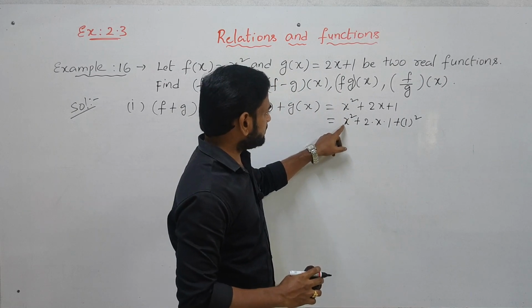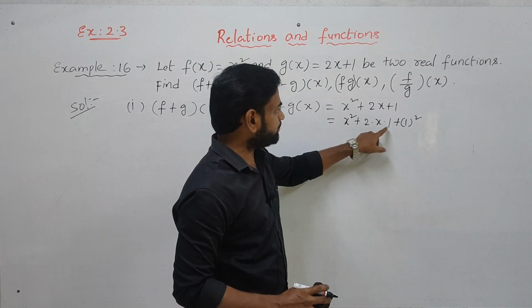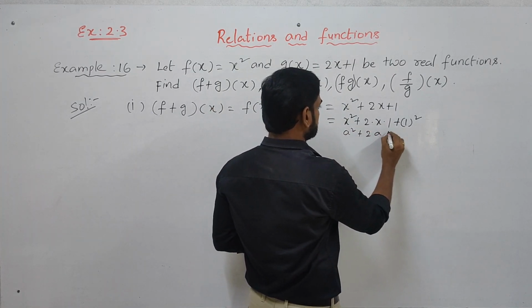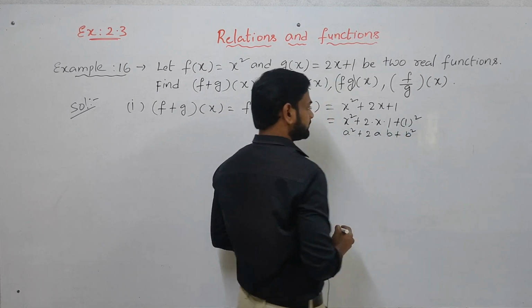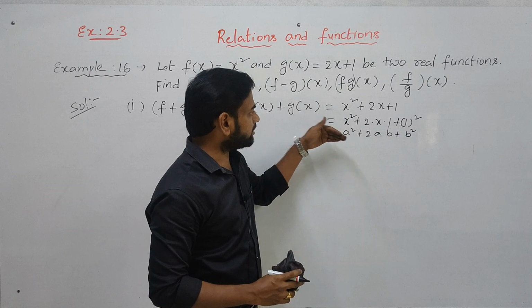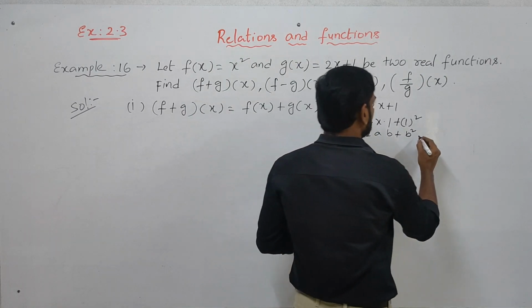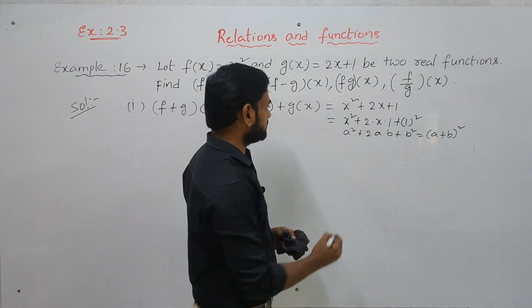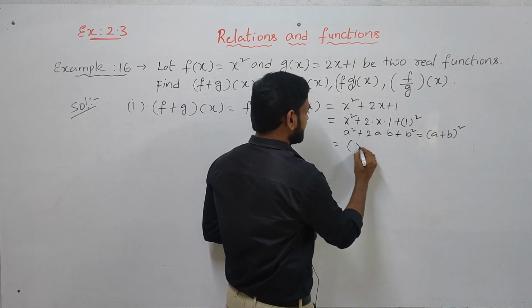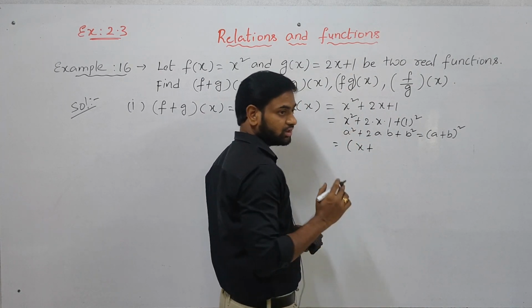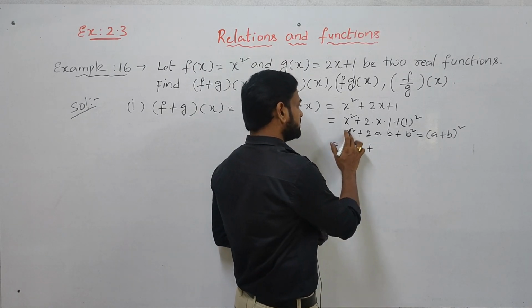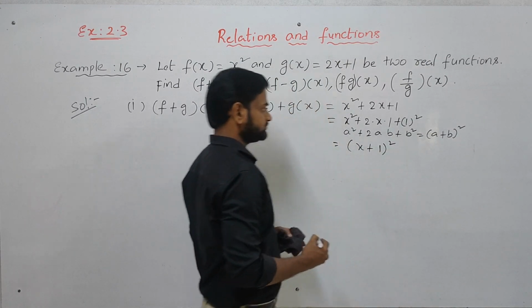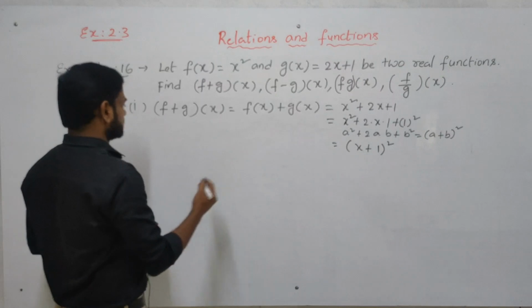Now observe here, it is a square plus 2ab plus b square. The formula for this is a plus b whole square. So the answer is, a value is x only, x plus 1 whole square. That is the first one.